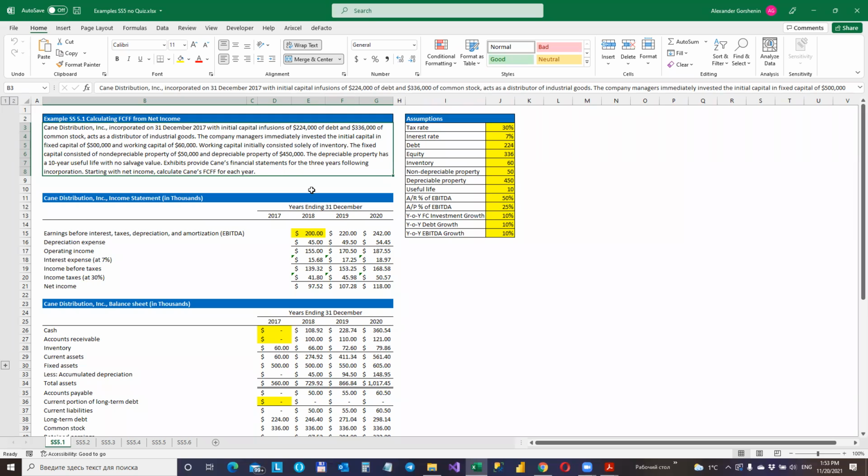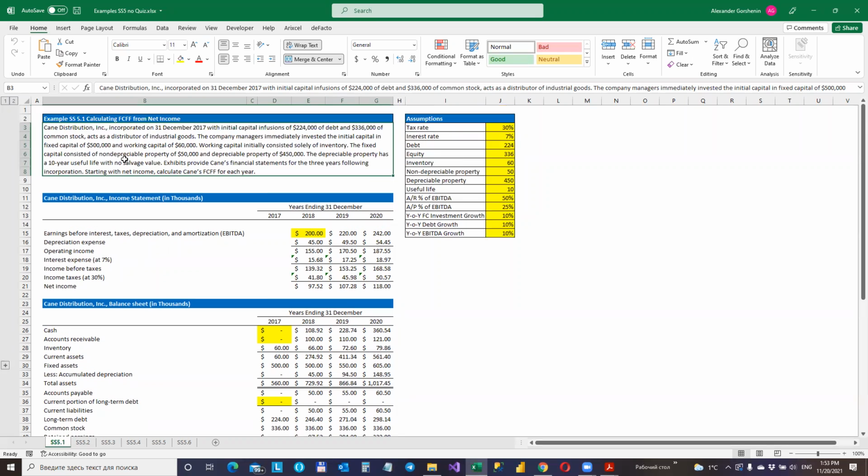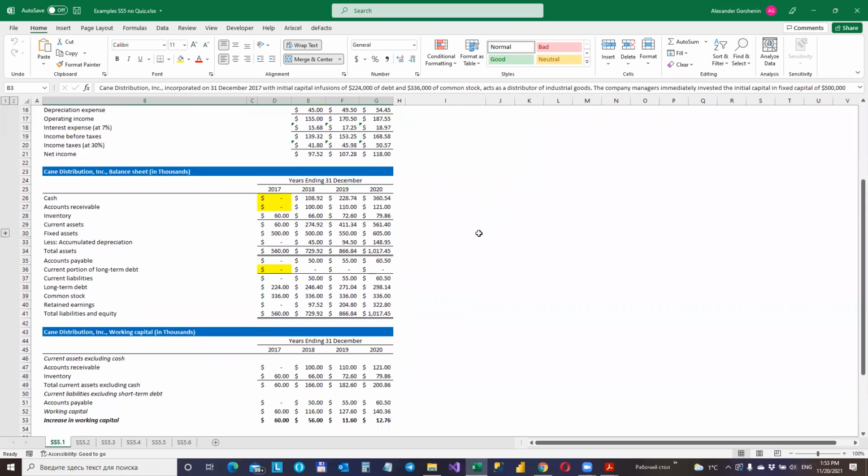So here we have an exhibit that provides Kane's financial statements for the three following years. The task: calculate the FCFF starting with net income. So let's go.